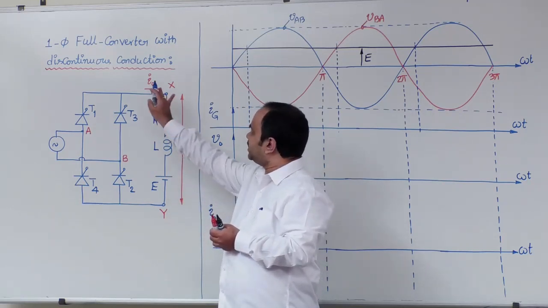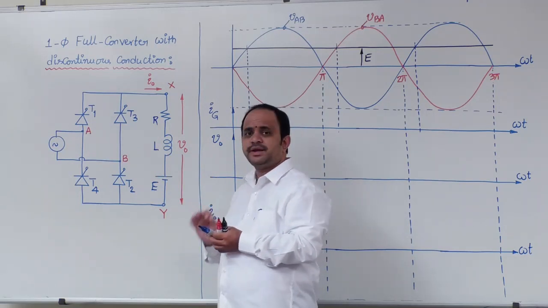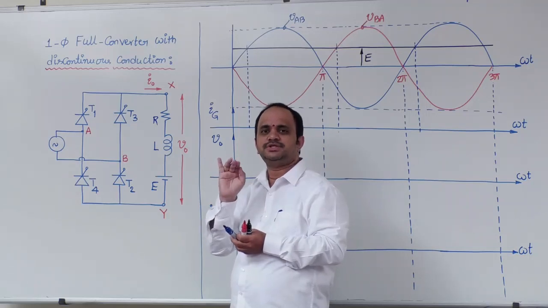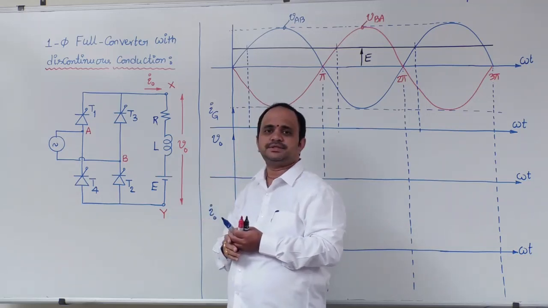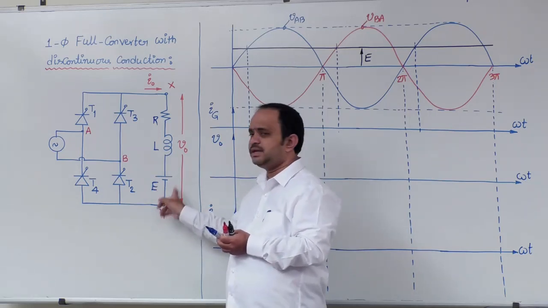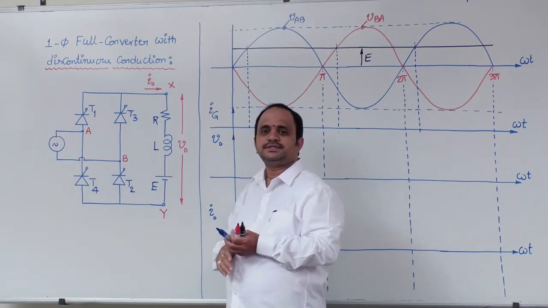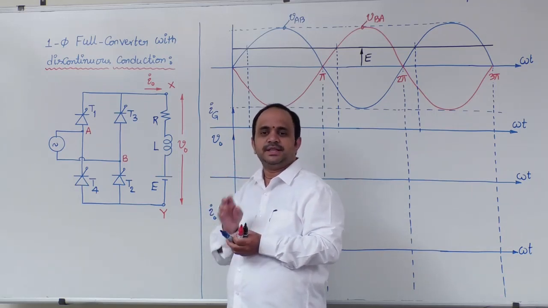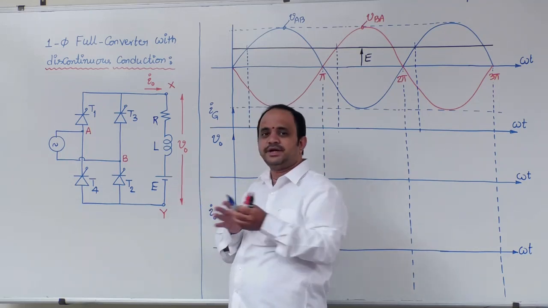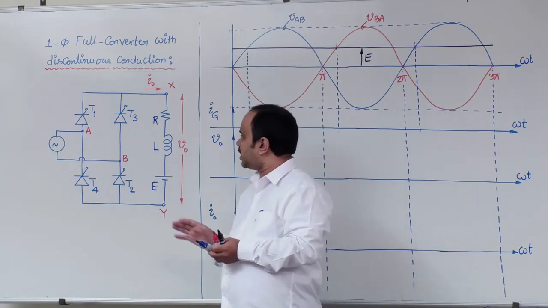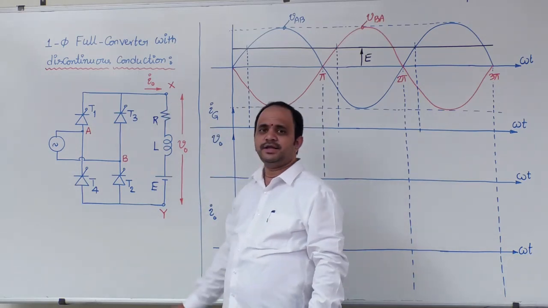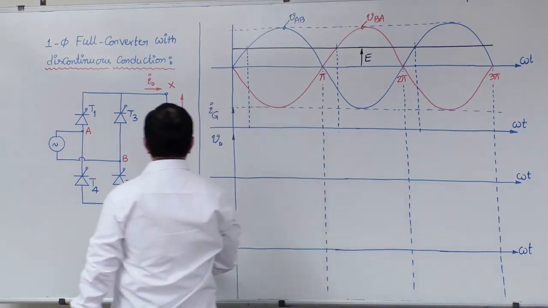The main reason for discontinuous conduction is that the load inductance may not be large enough to maintain the conduction. The second reason is that due to the presence of load EMF E, the rate of decay of current may sometimes be faster. These are the two things which decide whether it is continuous or discontinuous. Now first let us assume that the load is of RLE nature.